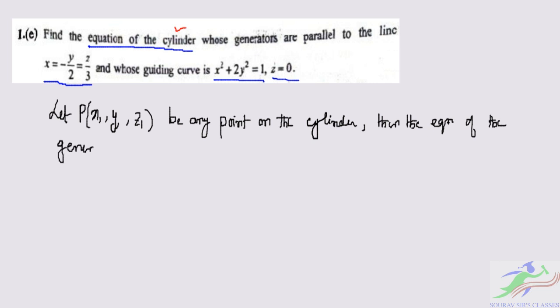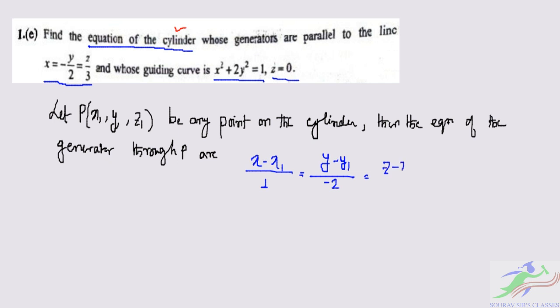Then the equation of the generator through P will be x minus x1 by 1 equal to y minus y1 by minus 2 equal to z minus z1 by 3. So that is equation 1.